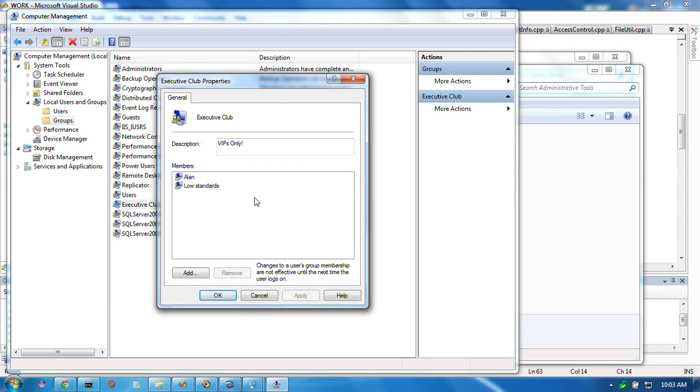I wanted the executive club to be something that I would omit from the restricted groups, right? So that that security context would not allow the access I wanted.